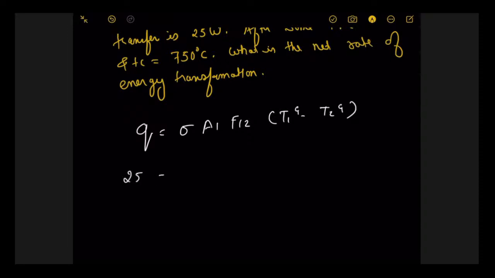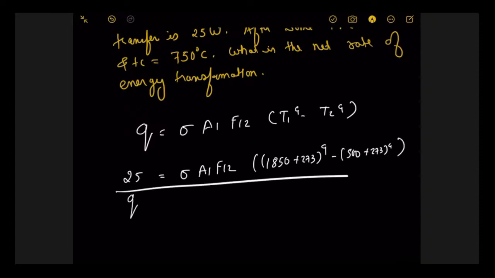So 25 equals sigma A1 F12 times (1850 plus 273) to the power 4 minus (500 plus 273) to the power 4, upon the new Q equals sigma A1 F12 times (1500 plus 273) to the power 4 minus (750 plus 273) to the power 4.